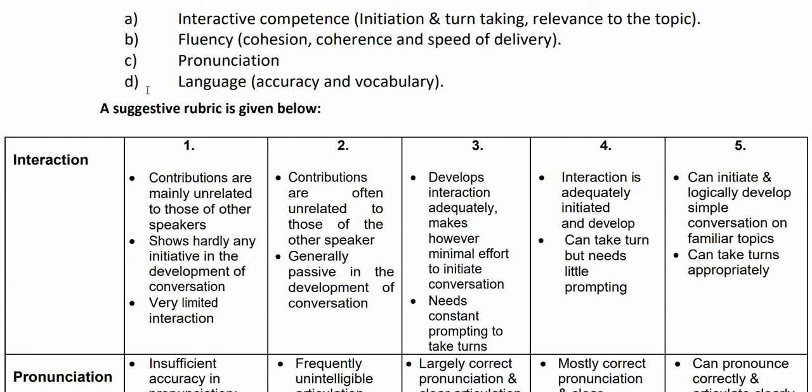Now, suggestive rubric is given over here, which includes interaction. The first category is interaction. It is a 5-point scale. That means the lowest scale is 1 and the highest scale is 5. When we prepare for our speaking listening skills, we usually look at the highest scale and prepare so that we don't fall short and drop down to the lowest level.